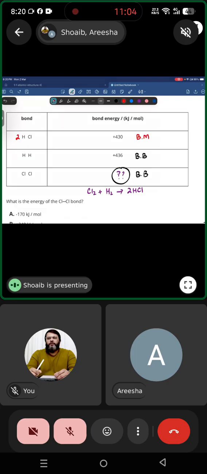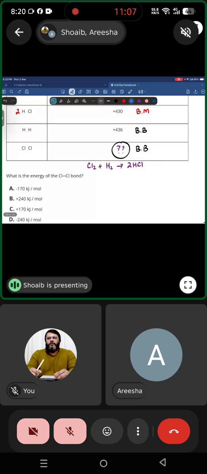Now the delta H is equal to bond breaking minus 2 bond making. Am I right? Okay. Show the thumbs up if I'm right.